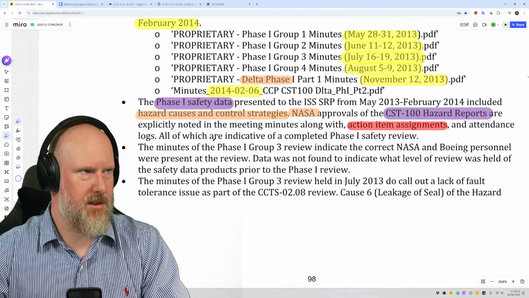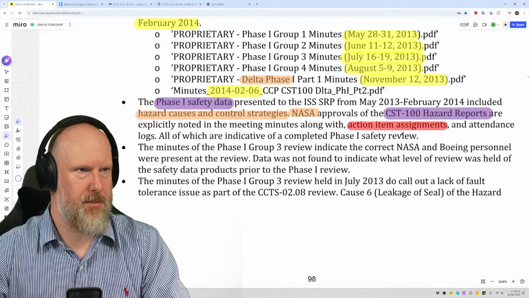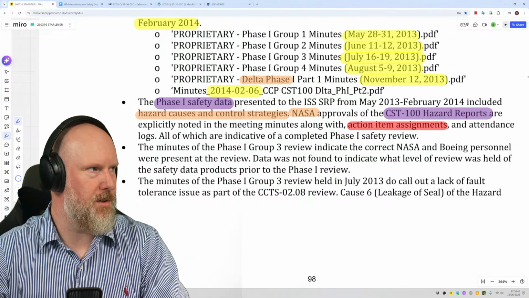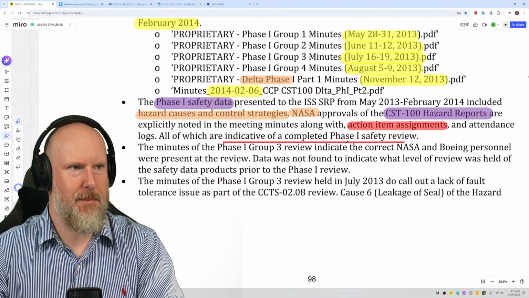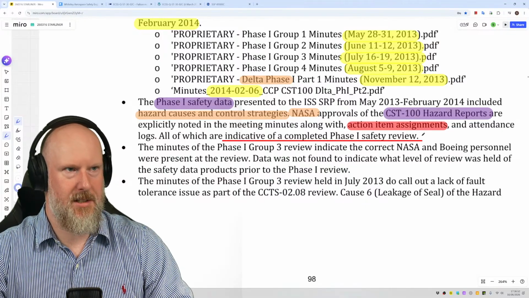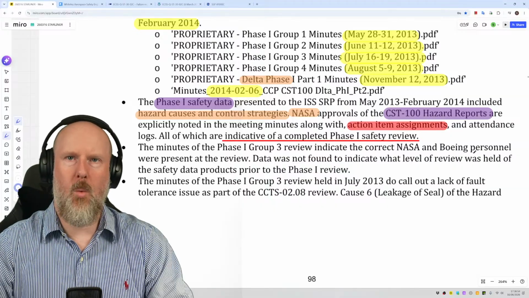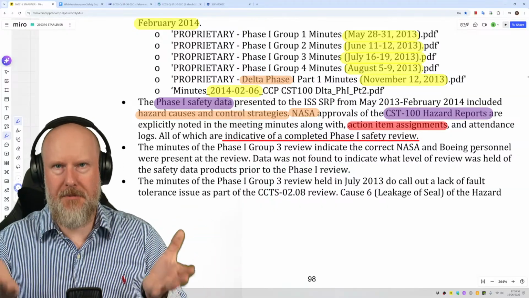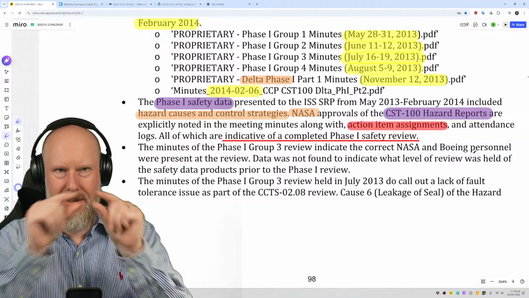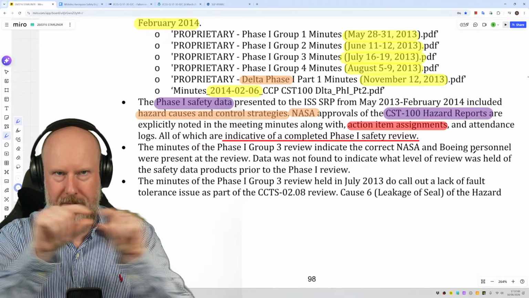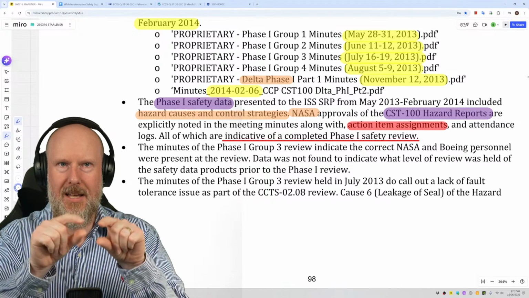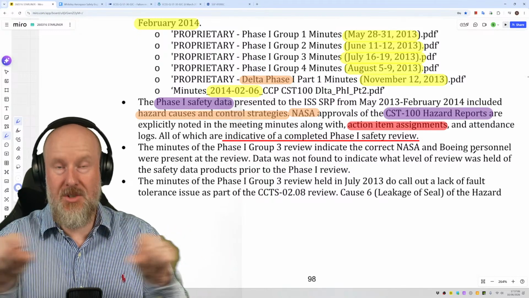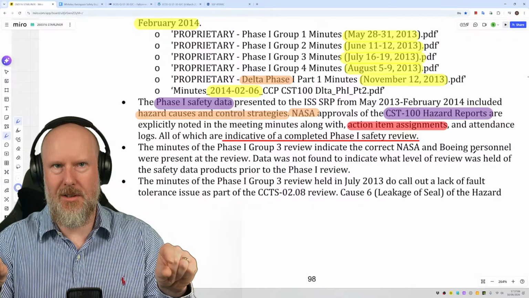And attendance logs, all of which are indicative of a completed Phase 1 safety review. Well, look, these things might be indicative of a completed Phase 1 safety review, but what is the outcome of a Phase 1 safety review? Is the procedural finish line that you've had a review, or is there some other engineering milestone consideration?